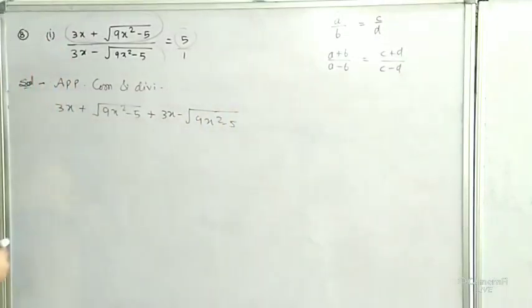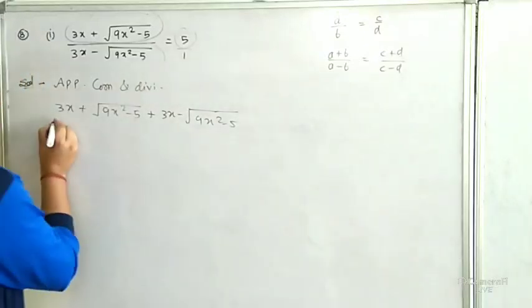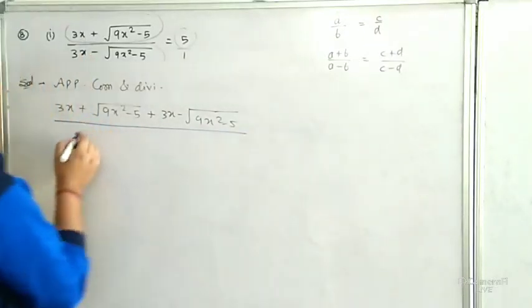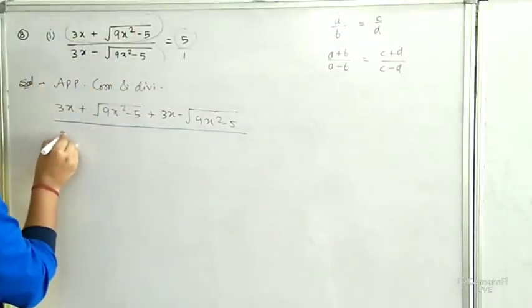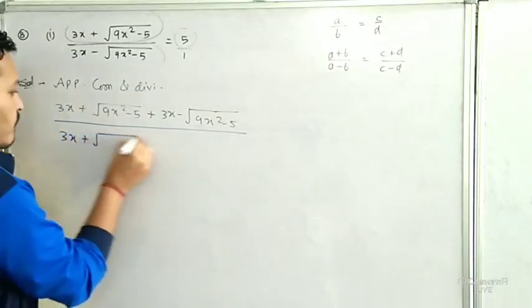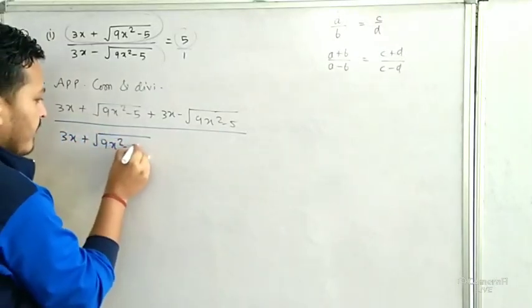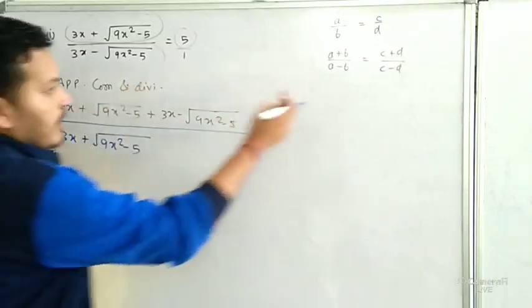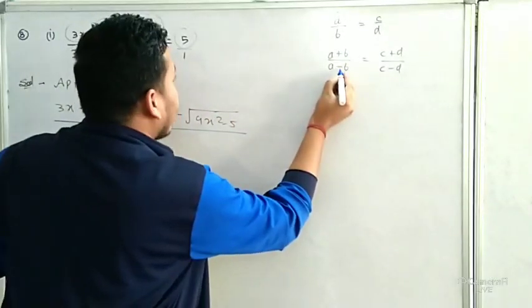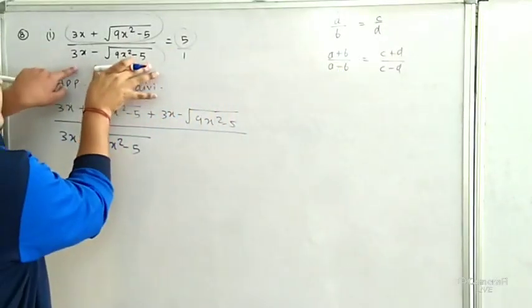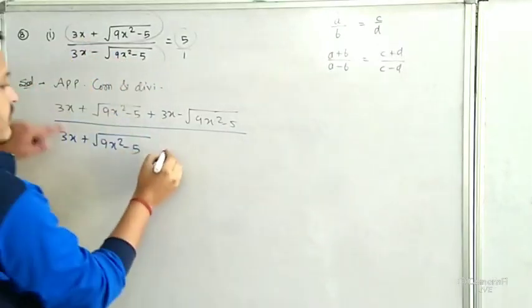This is a plus b, then upon a minus b. So a remains the same, numerator 3x plus root 9x square minus 5. This is a, then the minus sign is coming here. Remember this, minus applies to the whole denominator. When we multiply the minus here, what will come?